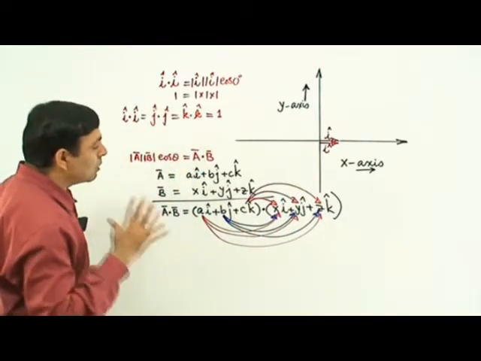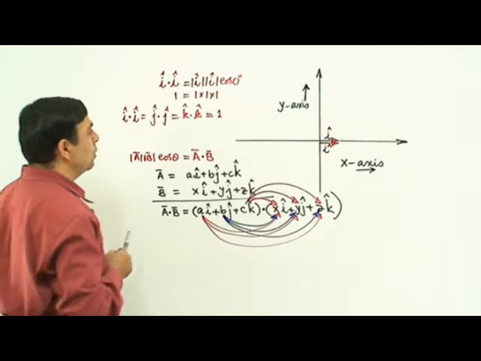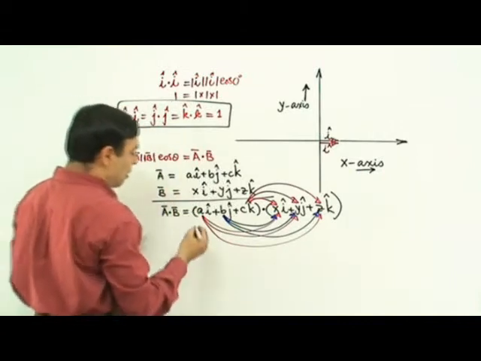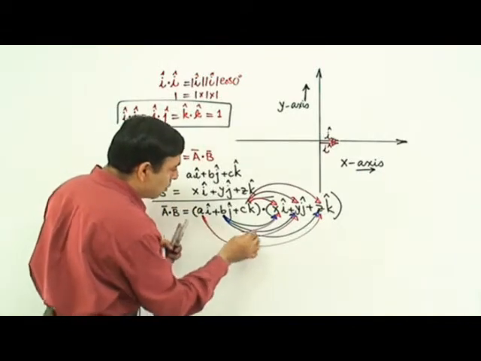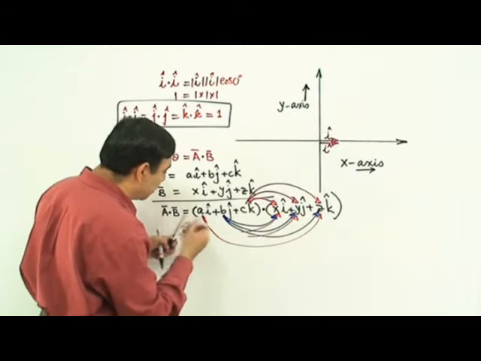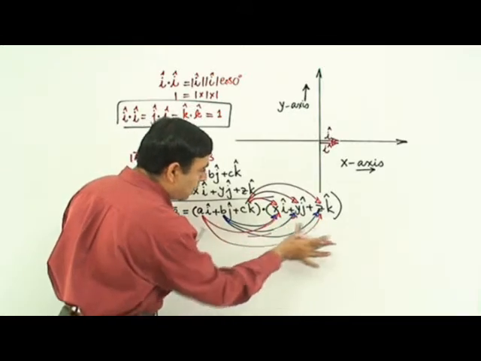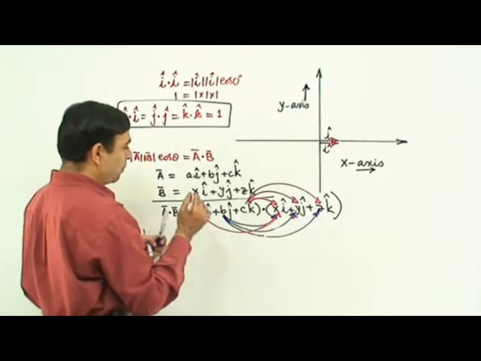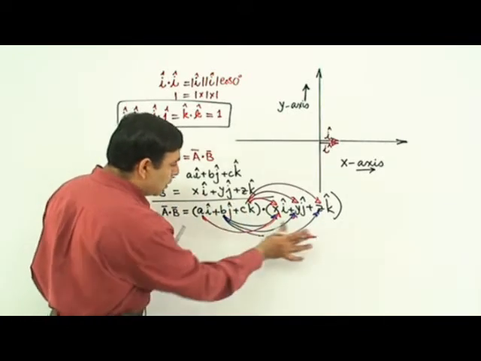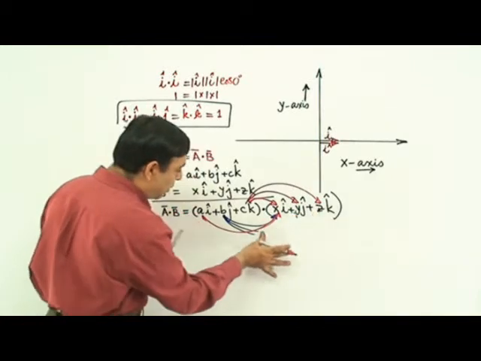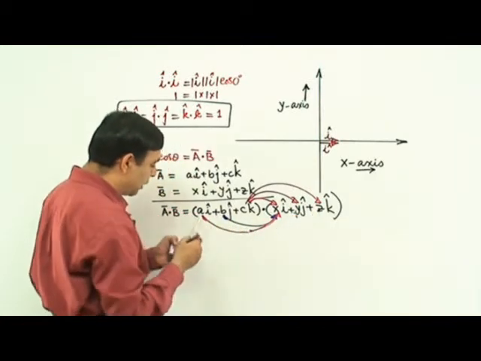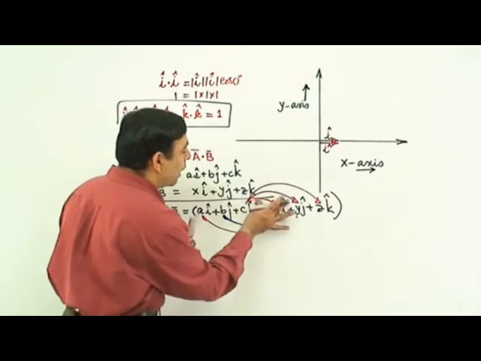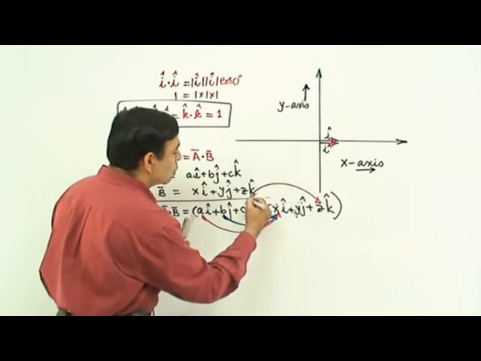So you have 9 terms, but out of these 9 terms you can easily show that only 3 terms remain. I with i, only this term I need to take; the other two will be 0, we will show that. Similarly, only the j with j term will remain because j dot j is again 1, and k dot k is 1, so this one term will remain.